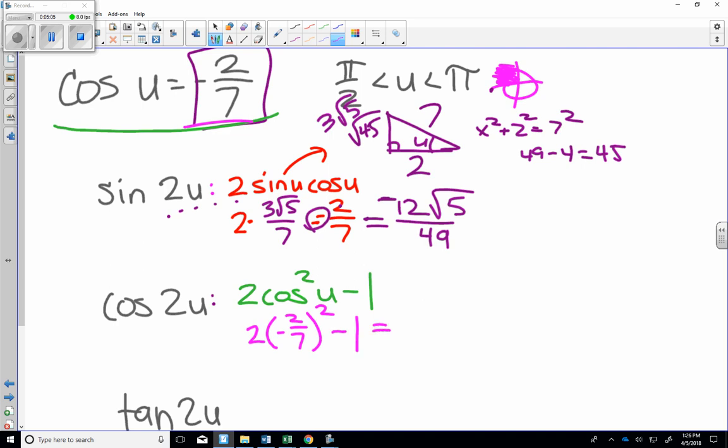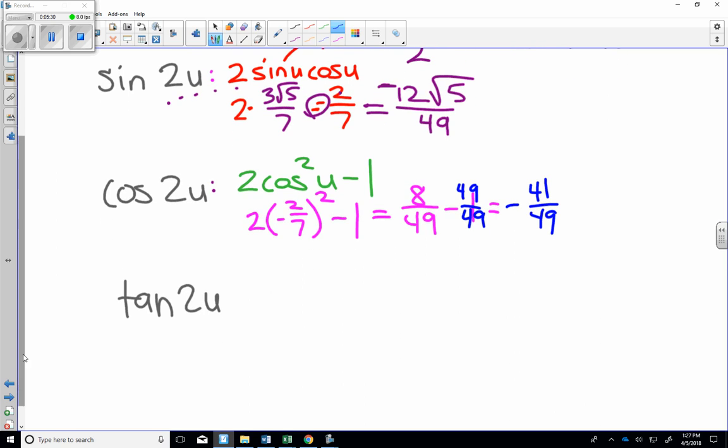And negative 2/7 squared is 4/49 times 2 is 8/49 minus 1. And 8/49 minus 1 is the same as 8/49 minus 49/49. So a negative 41/49.